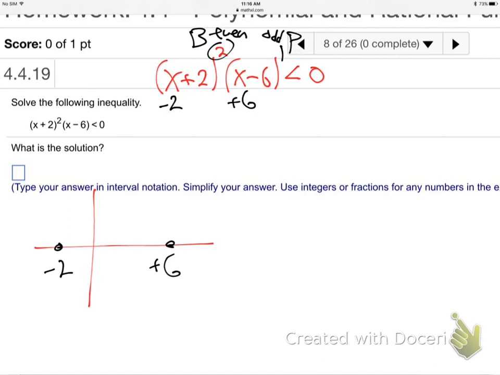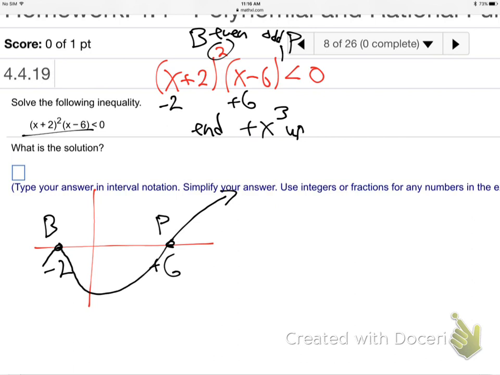So it's going to bounce at this one, it's going to pass through at that one. Good there so far? Now, what's the end behavior? Positive x cubed. If you multiplied all this out, positive, so it's up. So it's going up at the end, and it's going to pass through, come back up, bounce, like that. We good for a rough sketch of the thing?